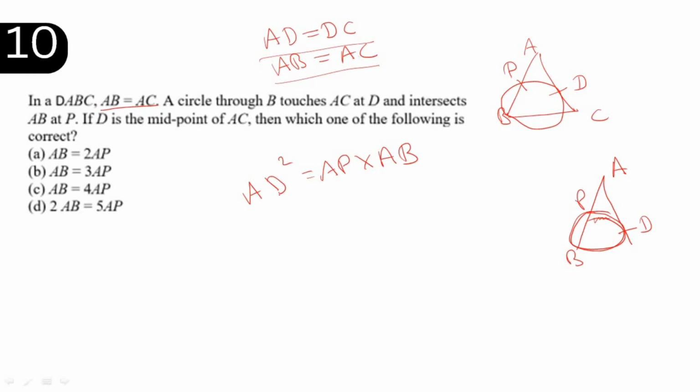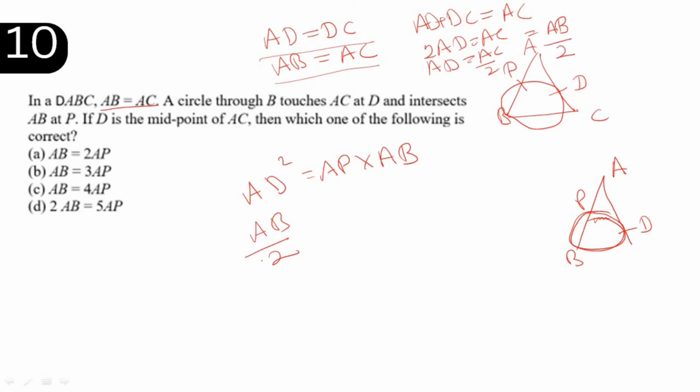So what can we write here? In the place of AD, we can write AB by 2, or not? Because AD is equal to DC and AB is equal to AC. When we add AD plus DC, we get AC, and both are equal, so 2AD is equal to AC. AD is equal to AC by 2, which can also be AB by 2 because AC and AB are equal.